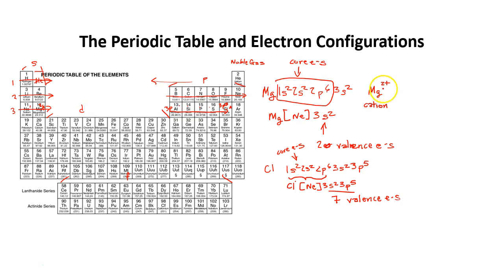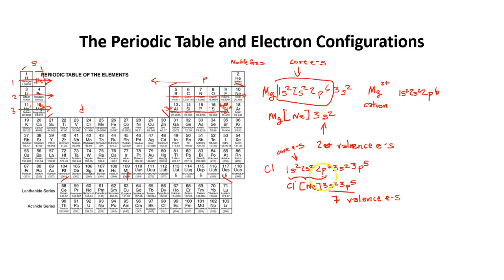And so having a +2 charge means I've lost electrons. Remember, in cations, you lose electrons. The magnitude of the charge will tell you how many electrons you lost. So if we were to do the electron configuration for the magnesium cation, it would just be 1s2, 2s2, 2p6.